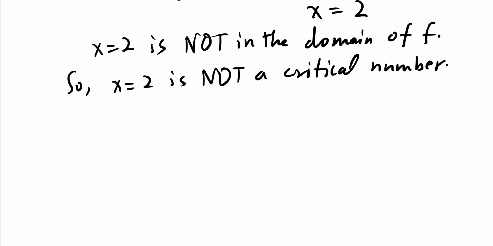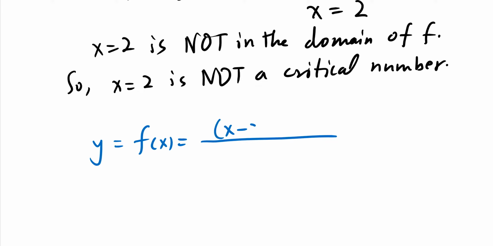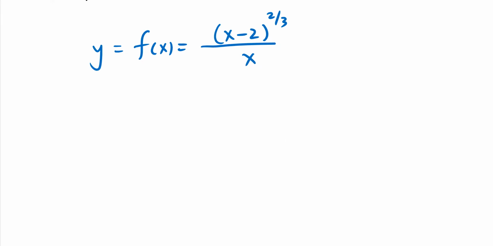Let's look at a more challenging one. Say x minus 2 to the 2/3, all that divided by x. So what do we need to do? We need to find the derivative of this. Okay, so there are two ways to find the derivative.